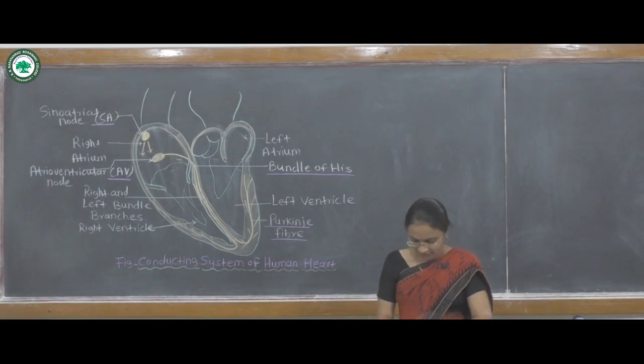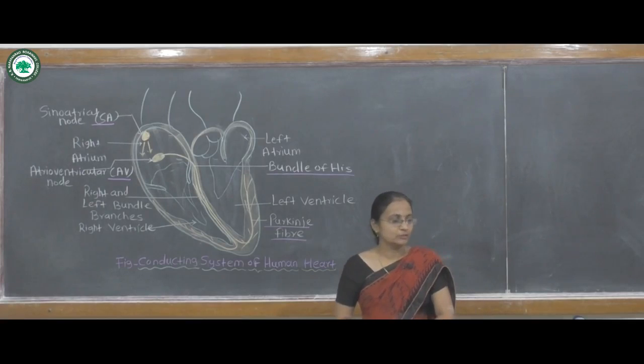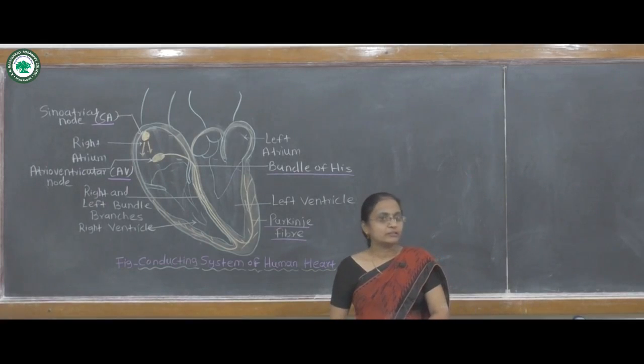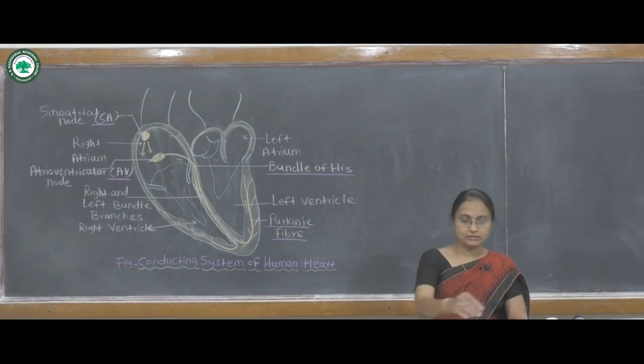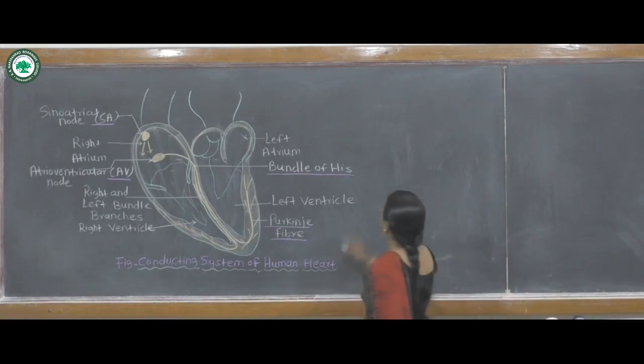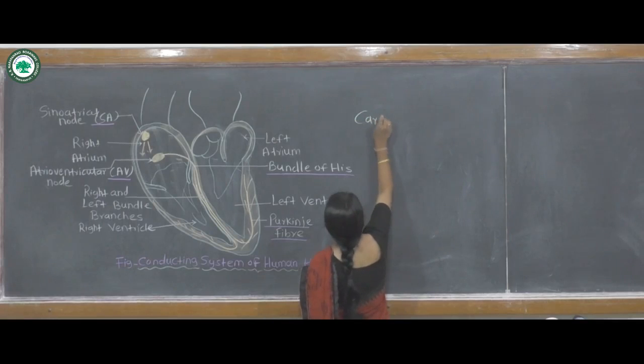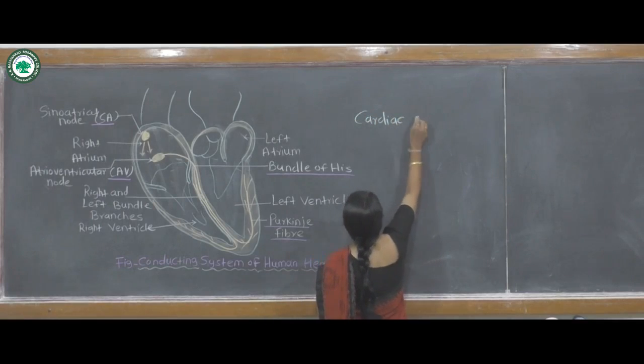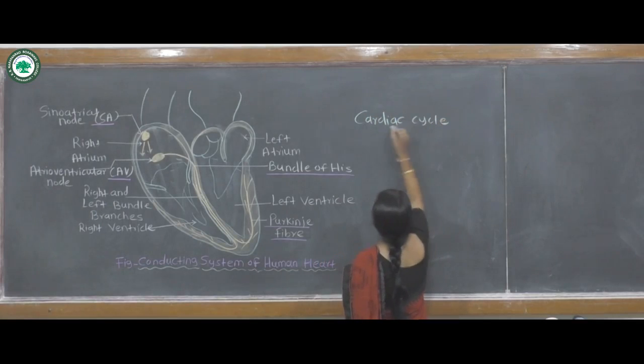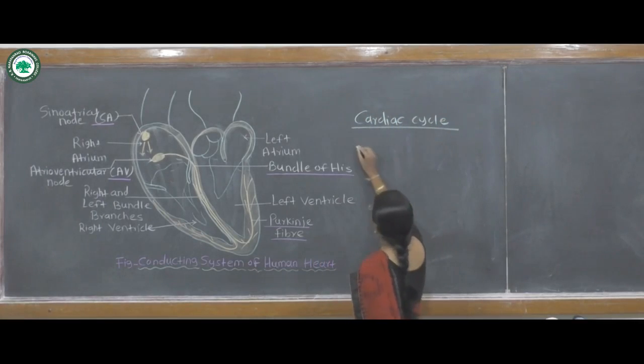Now let's start with the cardiac cycle. The human heart continuously shows contraction as well as relaxation, and this contraction and relaxation process is known as systole and diastole. Here the cardiac cycle is completed in three events.